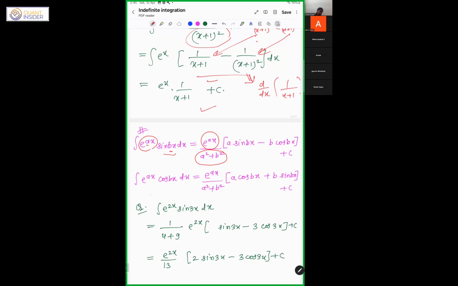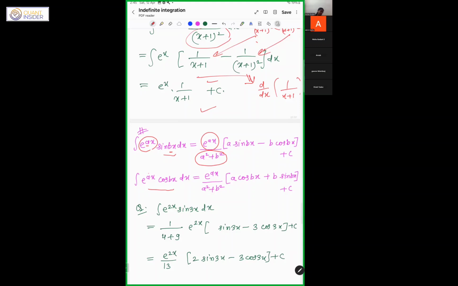Similarly, for the next formula, e to the power ax into cos bx, again you have coefficient a and b. So e to the power ax is as it is, and in the denominator you have a square plus b square. This term is the same in both, either for e to the power ax sin bx or e to the power ax cos bx. You have the same term e to the power ax upon a square plus b square.